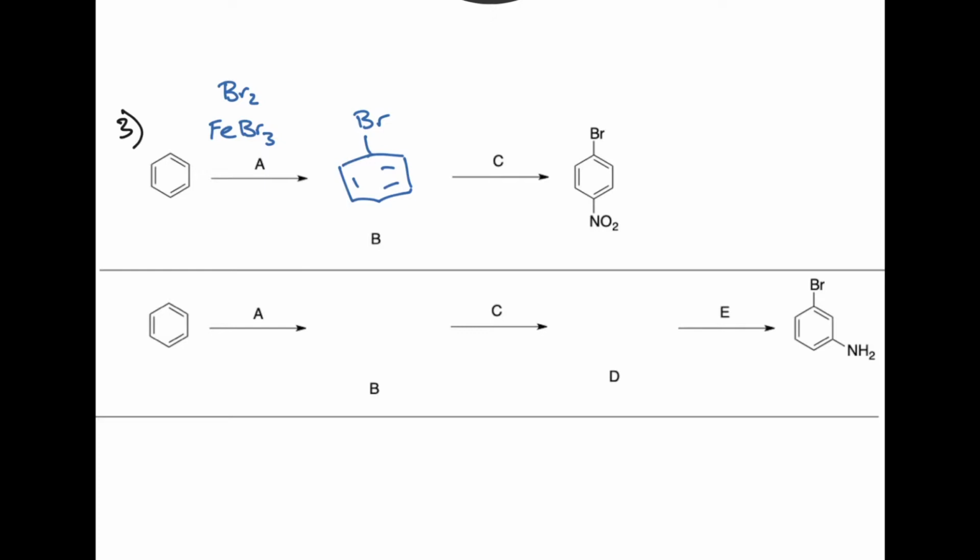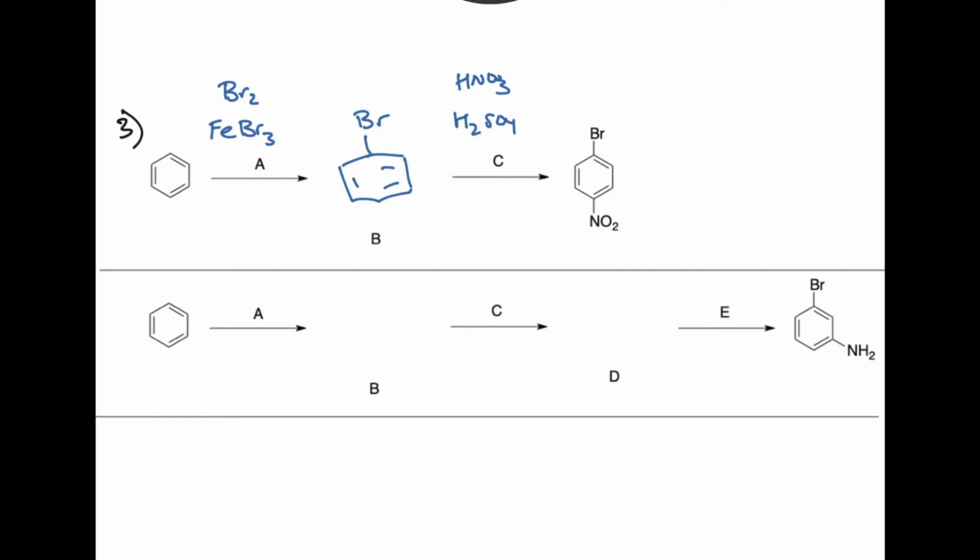All right, now how do I add my nitro group? HNO3, and then H2SO4. Now, bromine directs ortho-para, right?